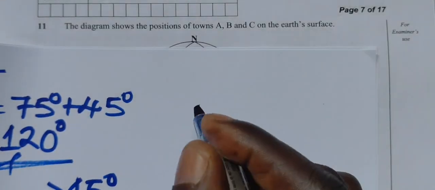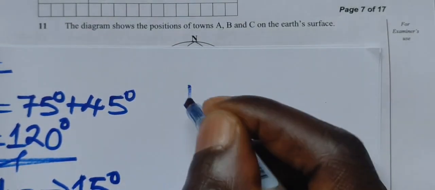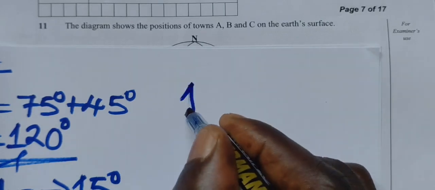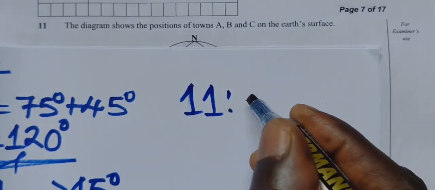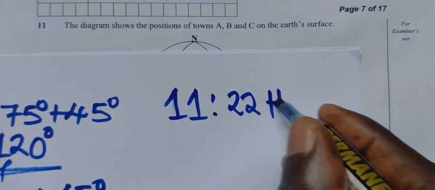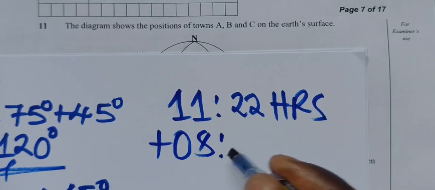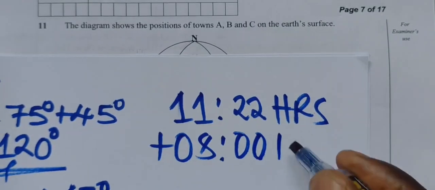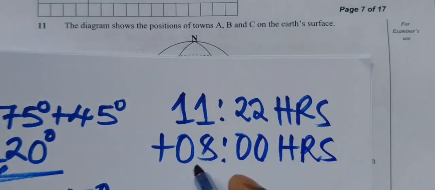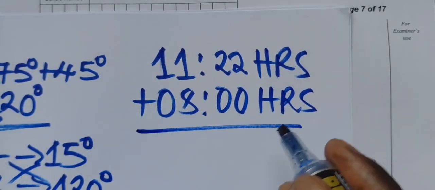So now this is going to be shown as follows. 11:22 hours added to 08 hours, which is the time difference between the two towns. And this here is going to give us the following.